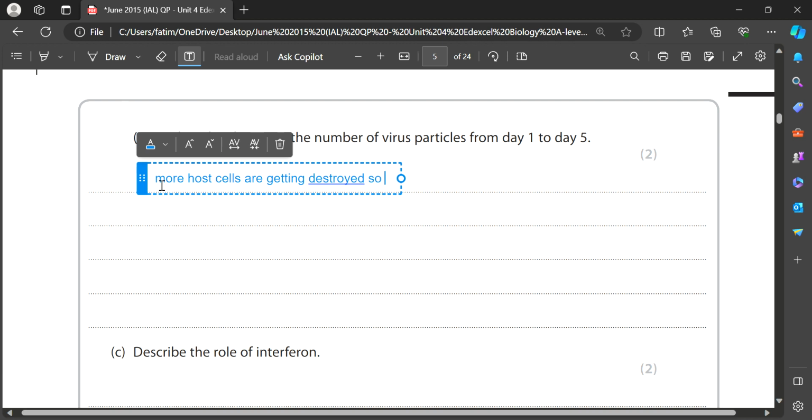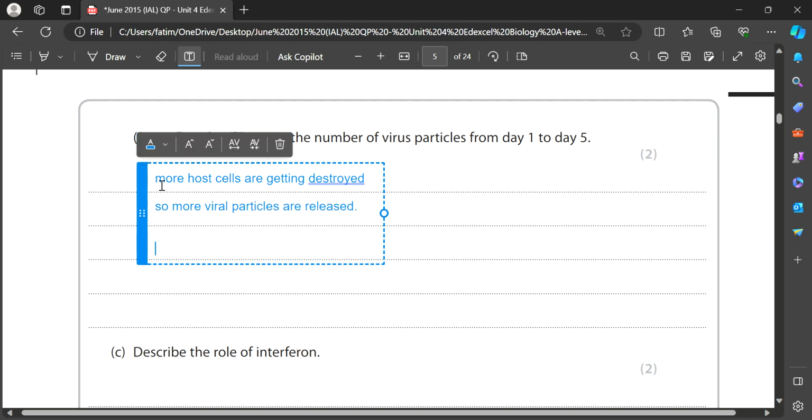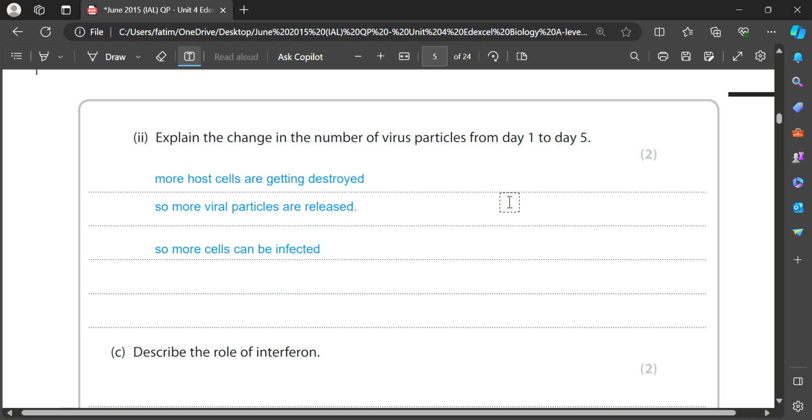Then, as another point, more viral particles are released, and so more cells can be affected. So it's like a chain, because that's the reason viruses are so deadly: they attach, multiply and increase the number, and now they can attach to more, so it's like exponentially increasing.